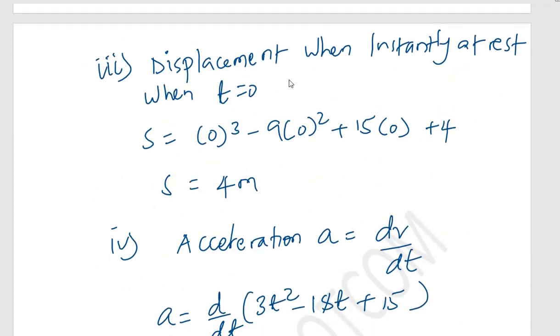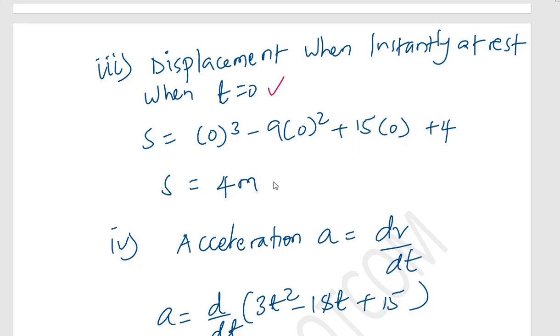Then they want also displacement when instantly at rest. So when instantly at rest, t is equal to 0. If we substitute in the displacement expression, it means 0 to power 3 minus 9 into 0 to power 2 plus 15 into 0 plus 4.